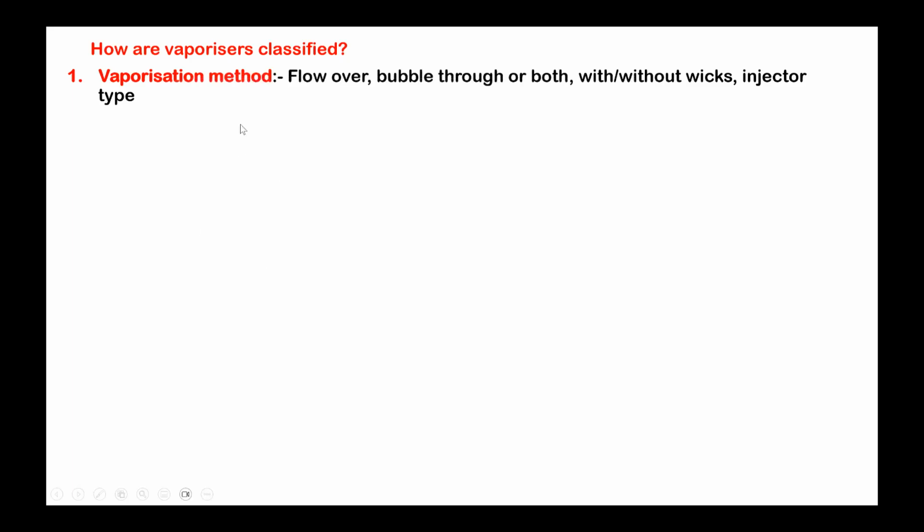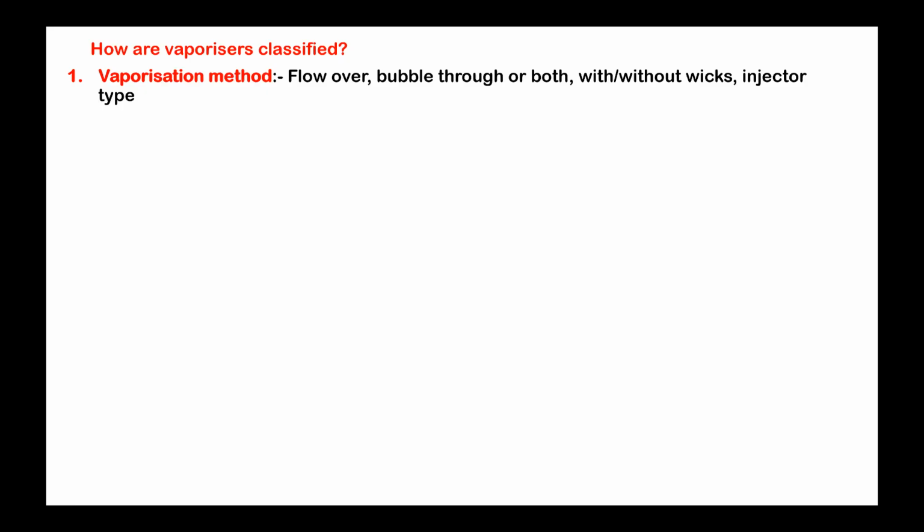Vaporization method: when the fresh gas flow enters the vaporizing chamber, it can just carry the vapors that are present on the superficial part of the liquid surface. Then it is called the flow over type. It just flows over the surface and carries whatever vapor has already formed. In the older machine, the ether bottle and trilene bottle, there is a rod which can be pressed. Then all the gases will go under the surface of the liquid and form bubbles.